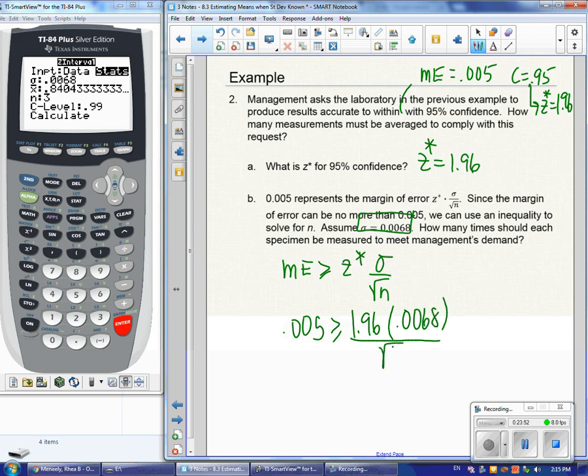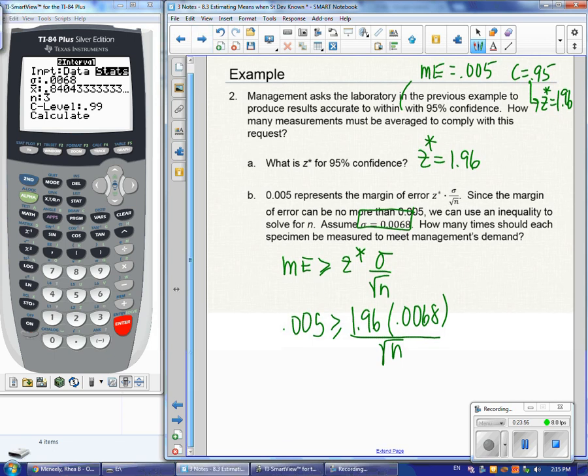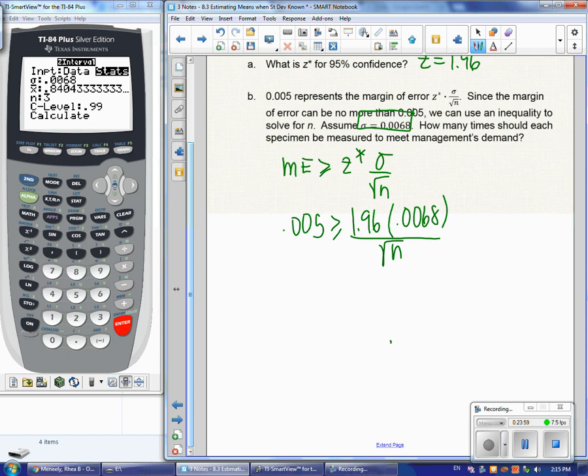This is just a proportion that I need to solve. So if I multiply both sides by the square root of n and divide by my margin of error, I get 1.96 times 0.0068, and that is all over 0.005. And again, to solve for n, I've got to square both sides.